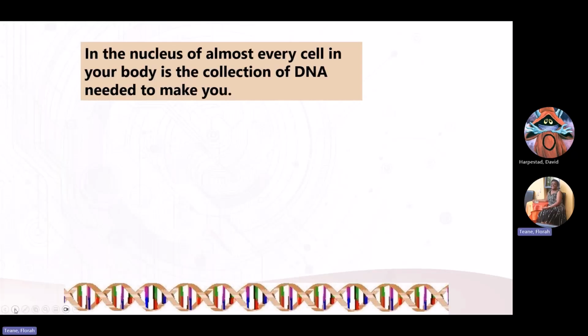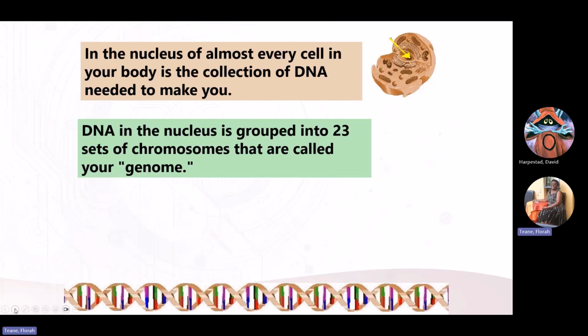In the nucleus of almost every cell in your body is the collection of DNA needed to make you as an individual. So it is found in the nucleus of a cell as already indicated. Now, the chromosomes that I talked about, which emerge from the chromatin: every normal human being has 23 sets of chromosomes.